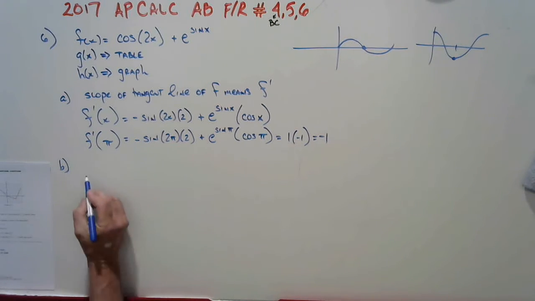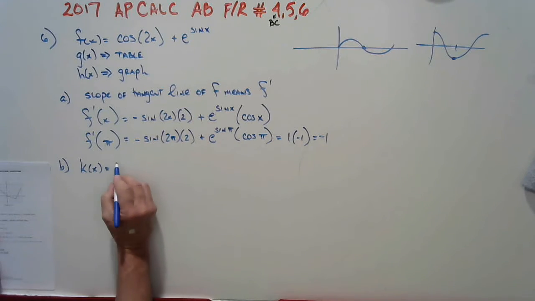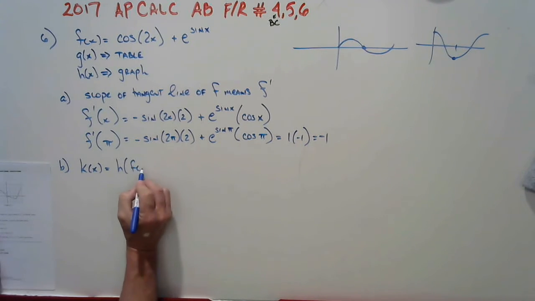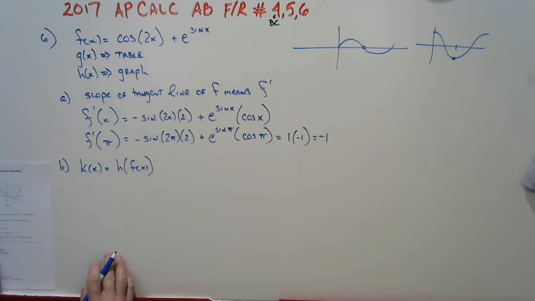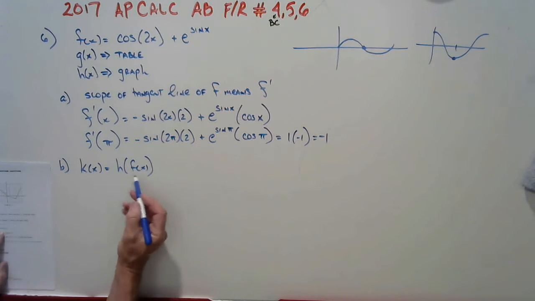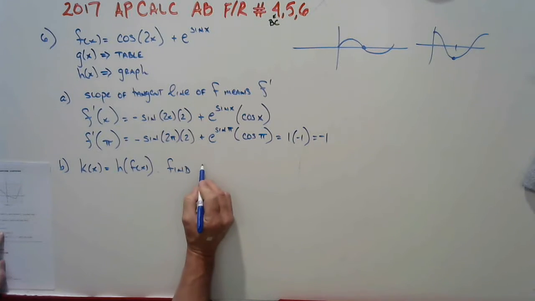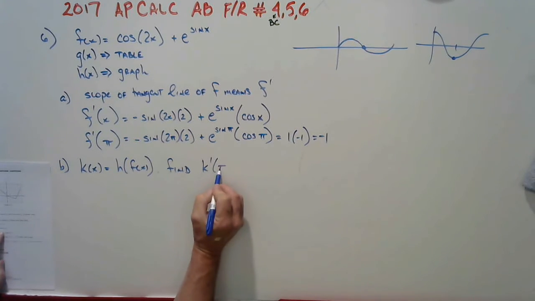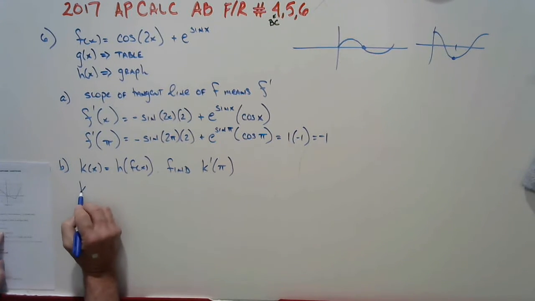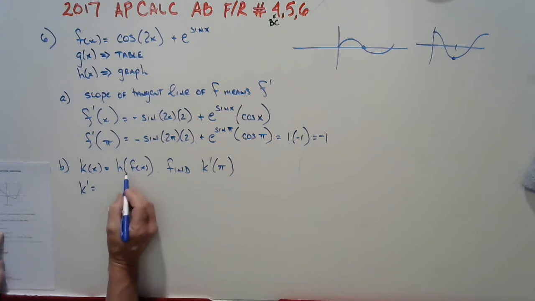Now part B says, let k be a function. So k is going to equal the function which is h of f of x. So k is a composite function, right? It's a composition of these two. And they want us to find k prime of pi. So we have to find k prime. K prime is the derivative of this.